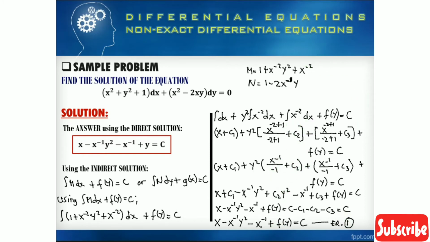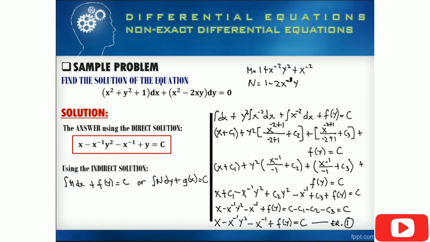So after that one, we are going to use the second one, this integral of n, okay? So using the integral of n dy plus j as a function of x is equal now to c, okay?